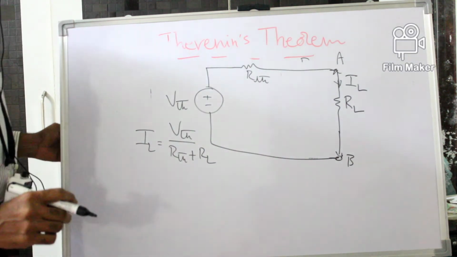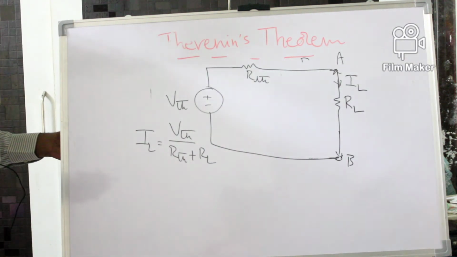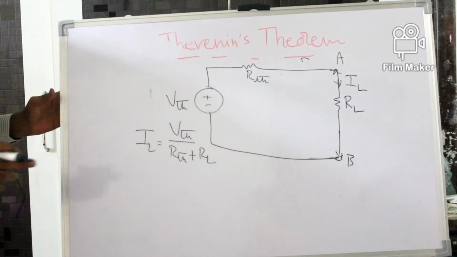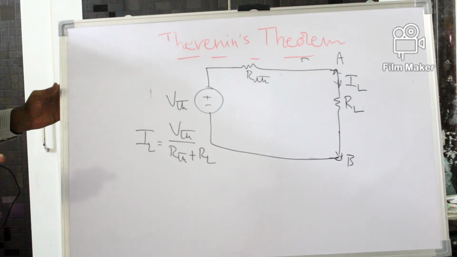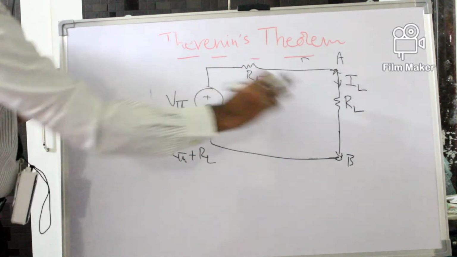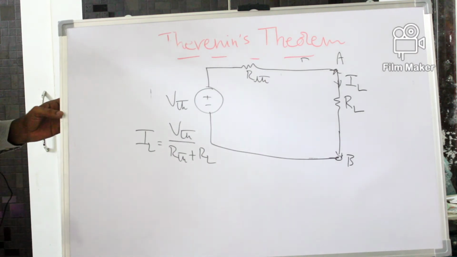So that is the beauty of Thevenin's theorem. Any complicated network can be redrawn into the simple circuit and one can find out the current passing through the respective branch. Next we shall go through some examples which are going to clearly explain the application of Thevenin's theorem.